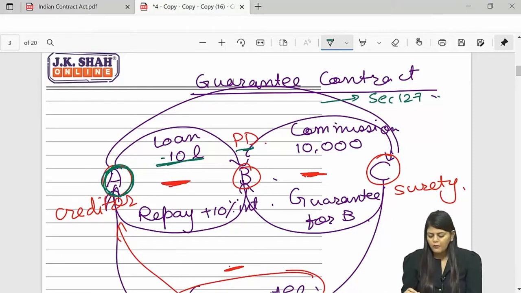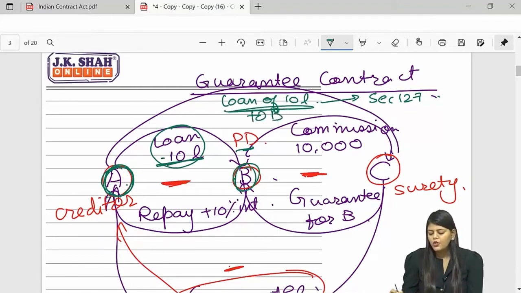I'll repeat. A is giving a loan to B. So anything done by the creditor for the benefit of the principal debtor is treated as valid consideration to the surety for giving the guarantee. So this will be assumed to be consideration. No actual consideration is required.